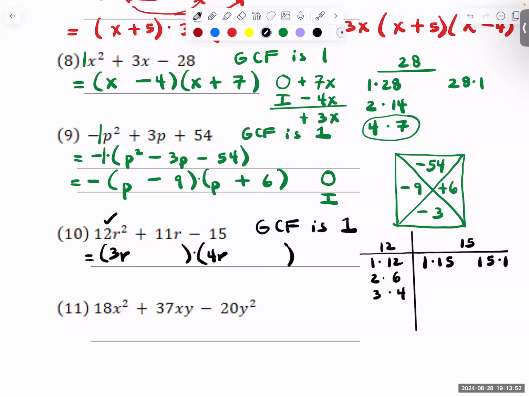So when you FOIL, the order is going to matter. We have 3 times 5 and 5 times 3. Now what's going to save us a little effort is that the greatest common factor is 1. So that means neither binomial can have a common factor other than 1.